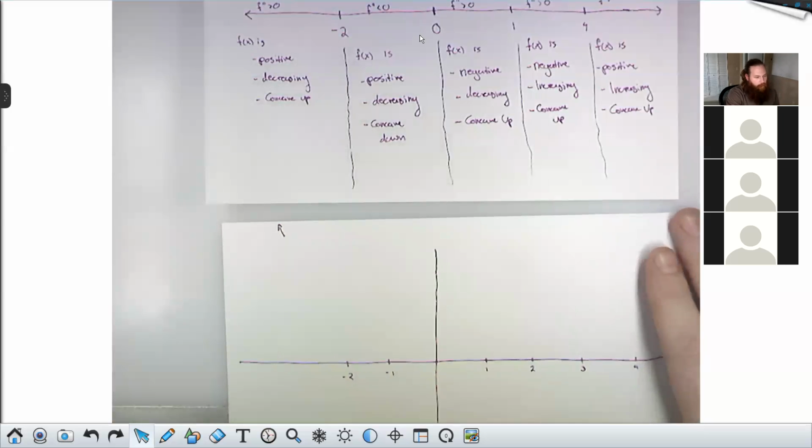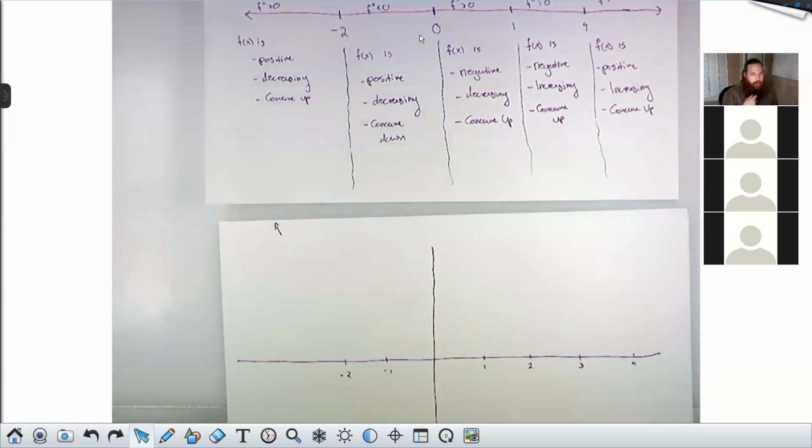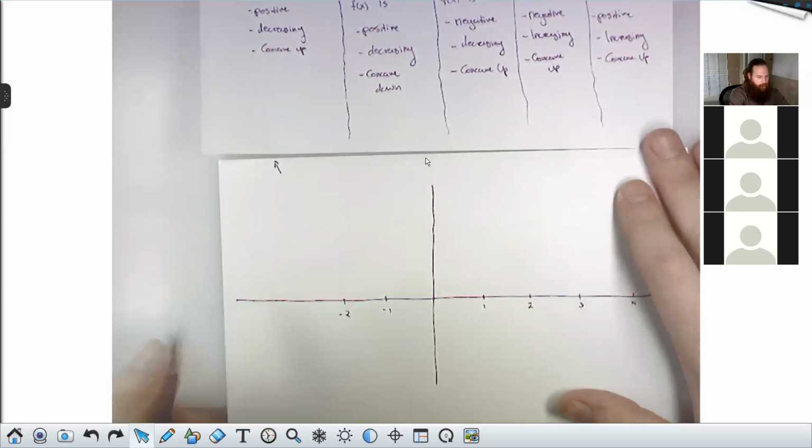But at -2, I had an inflection point. Because at -2, right here, f goes from positive, positive, decreasing, decreasing, but concave up to concave down. So there's an IP, an inflection point at -2.